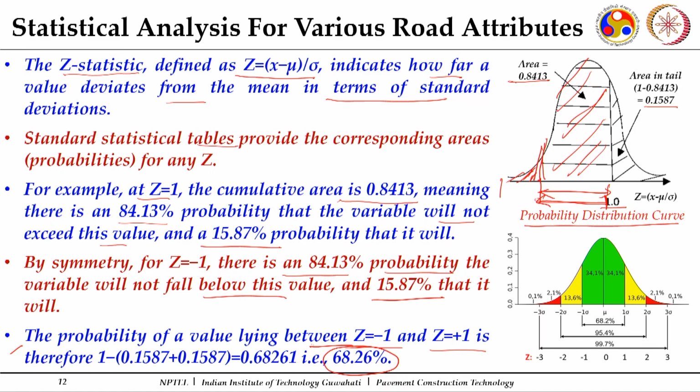So, if I have a characteristic quantity or property with a Z statistic value of 1, I can ensure that around 68.26% of the results will lie within this variation from the mean with respect to the standard deviation.